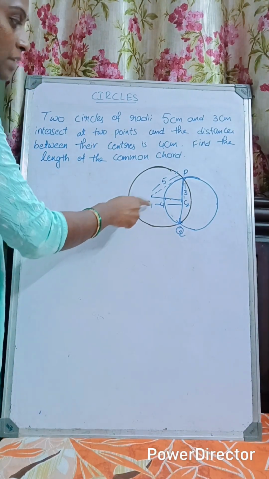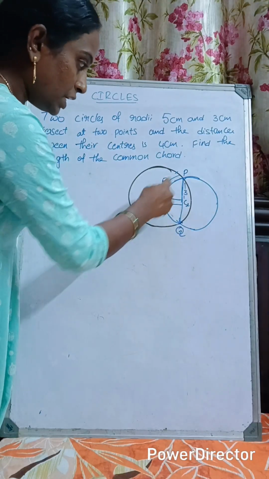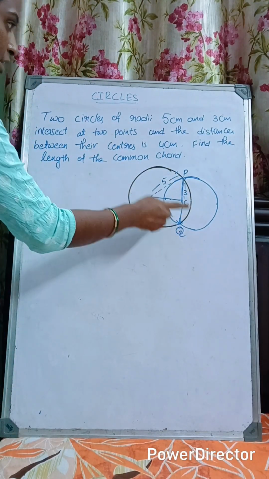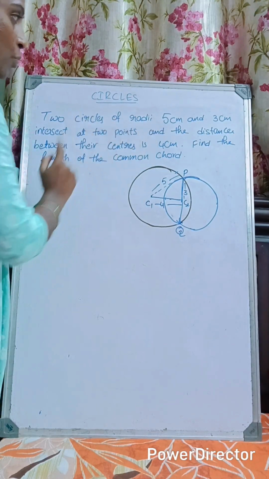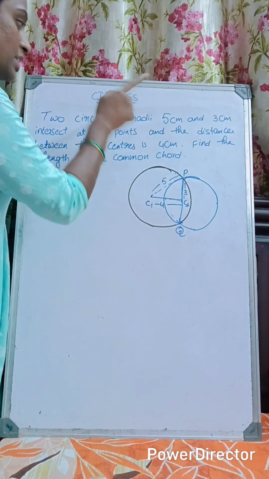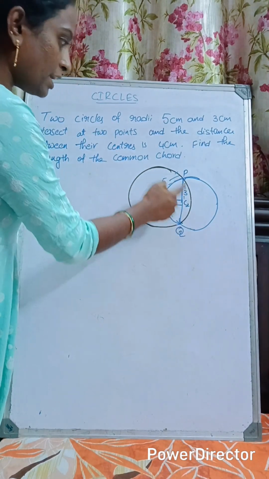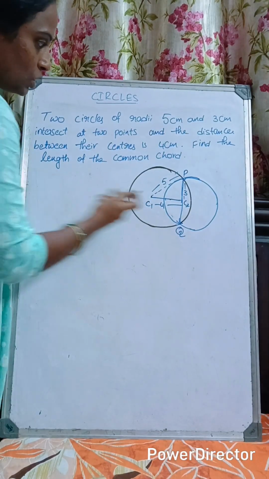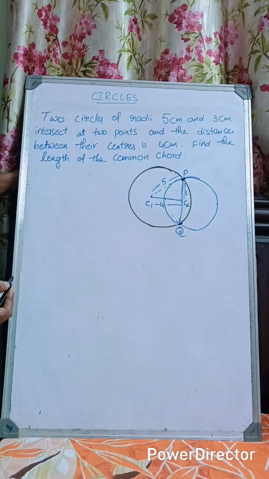C1 is the center of the bigger circle and C2 is the center of the smaller circle. We have drawn them intersecting, because they are given to intersect at 2 points. Those two circles intersect at P and Q.